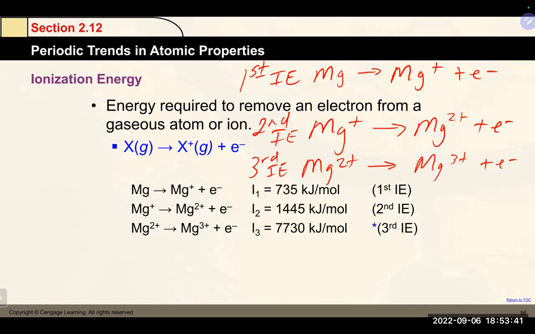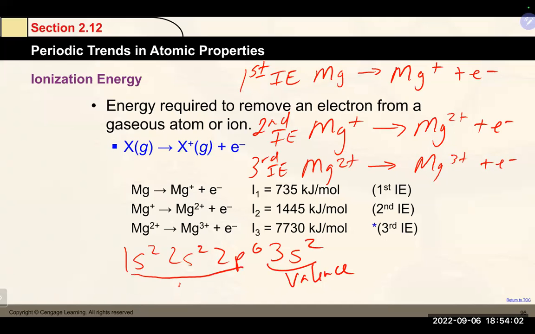And if we look at the electron configuration here, 1s2, 2s2, 2p6, 3s2, magnesium has how many valence electrons? 2, yes. Those would be right there, the 3s. These again are what are referred to as core electrons. So we're able to pop off the first one, not too bad.